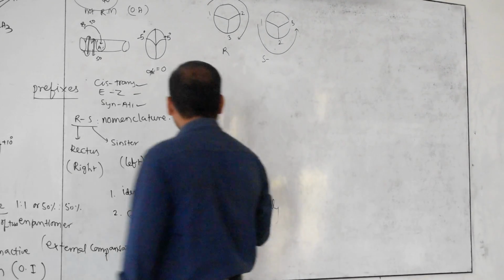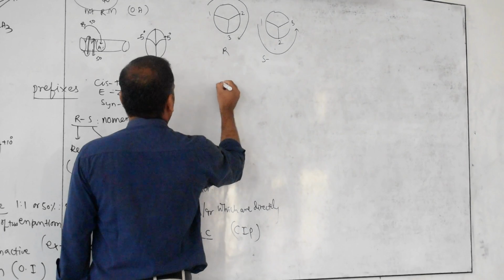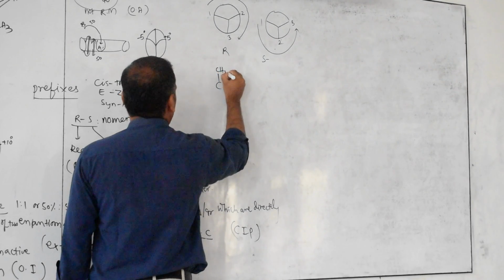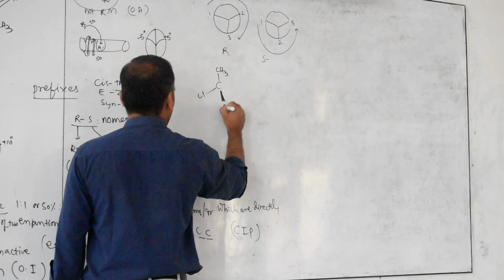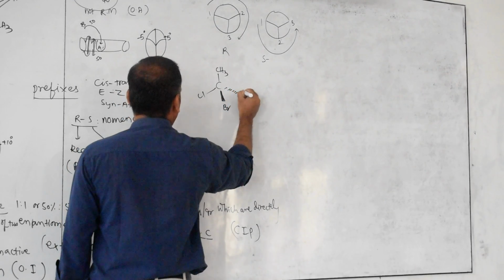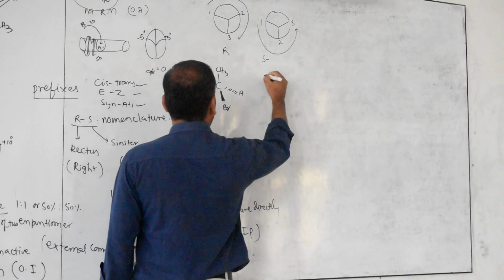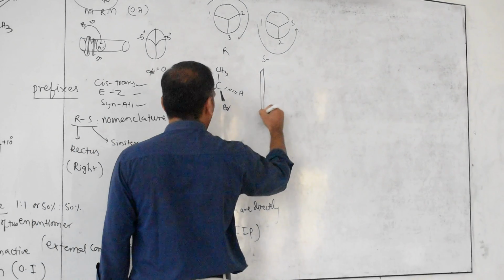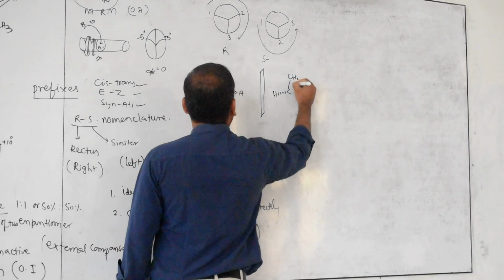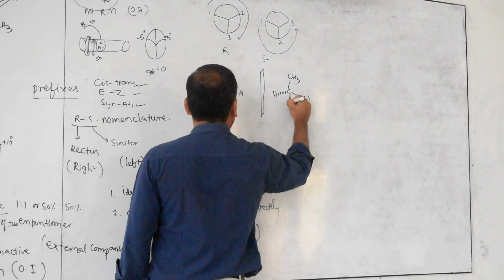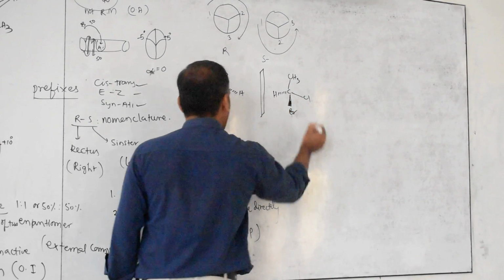Now CH3, Cl, Br, H. Now I am drawing the mirror image: H, CH3, Cl, Br.